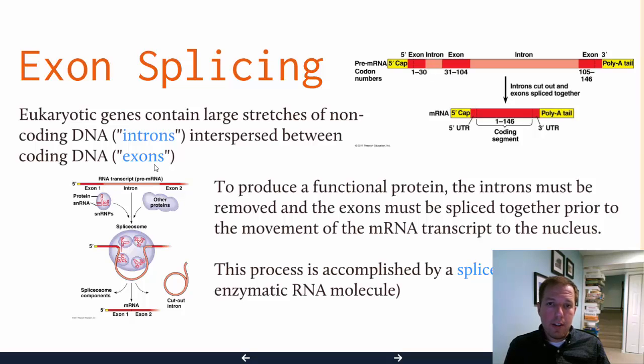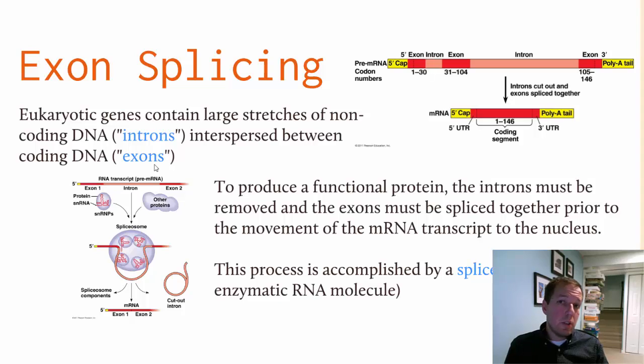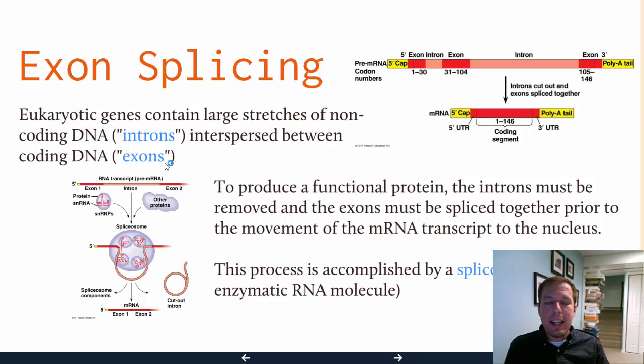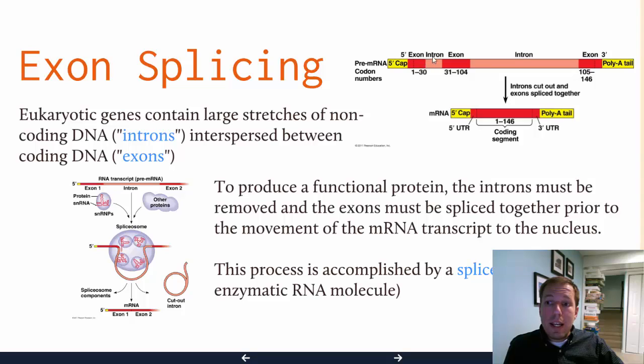Those coding regions of DNA, those exons, they need to exit the nucleus. So those need to stay in the mRNA in order for them to then be ready to encode for an amino acid. The introns, or the part in between, they need to stay in the nucleus.